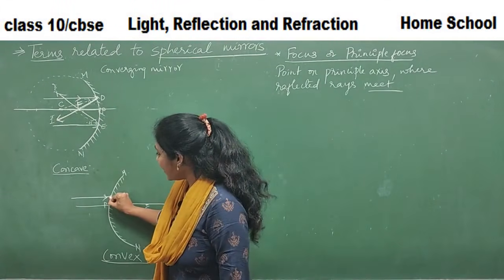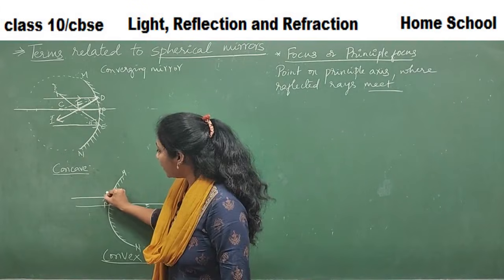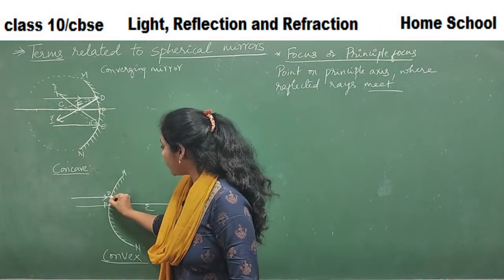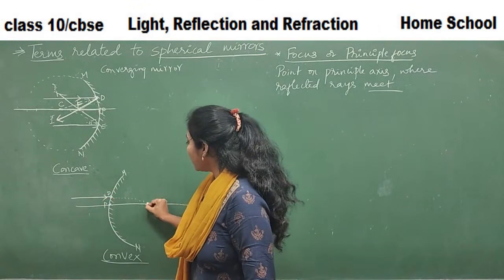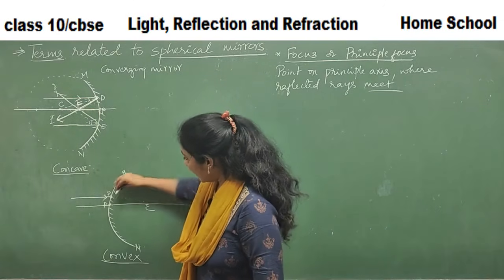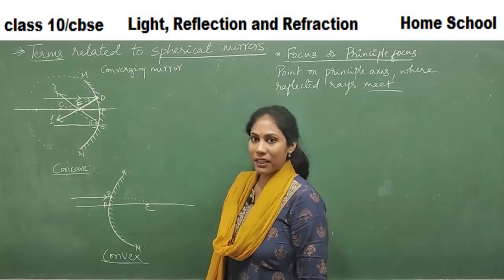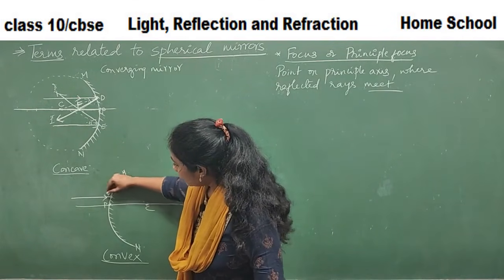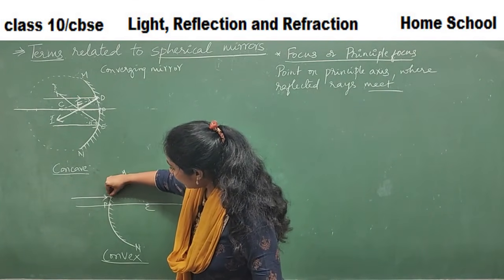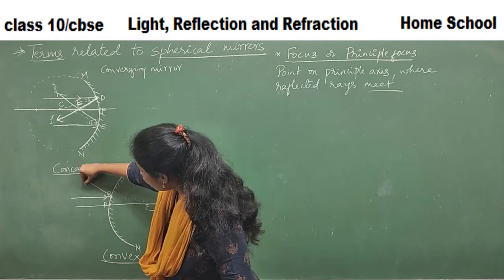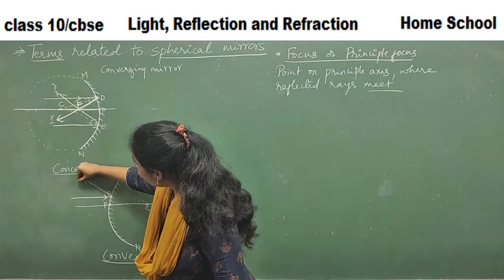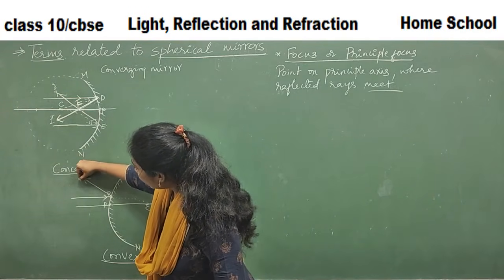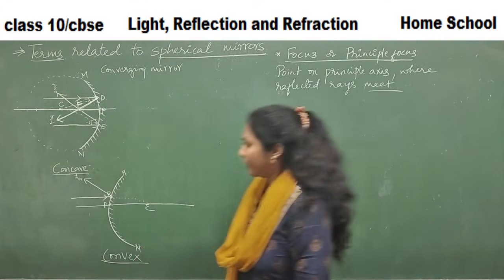I told you this incident ray is meeting at a point D. You imagine a line from this point to the center of curvature, and this becomes your normal. From the normal it will reflect back. Say this is the first reflected ray.